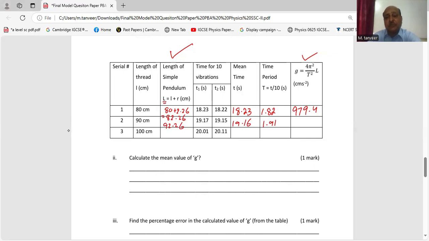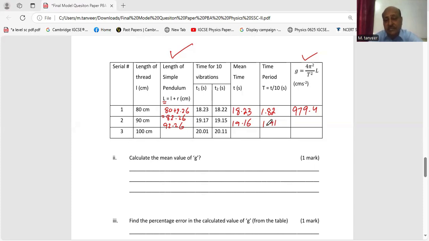Next, you will put this value for finding the value of g. Now I will put these values. 4 multiplied by 3.14, the value of pi, 3.14 square, multiplied by capital L. Capital L was 92.26. This is equal to, now you will divide by t square.